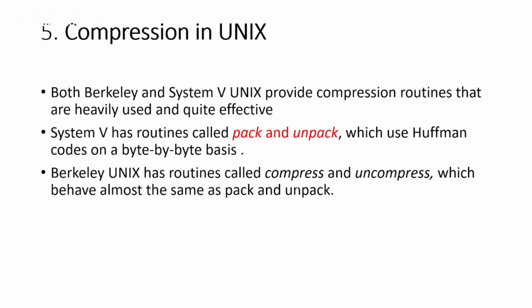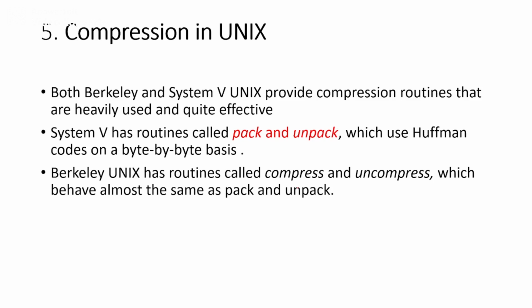Now the fifth technique we have is compression in Unix. In Unix we have several routines. Both Berkeley and System V Unix provide compression routines that are heavily used and quite effective.